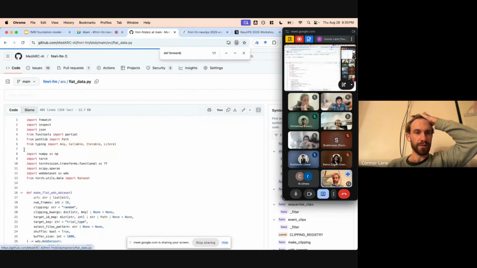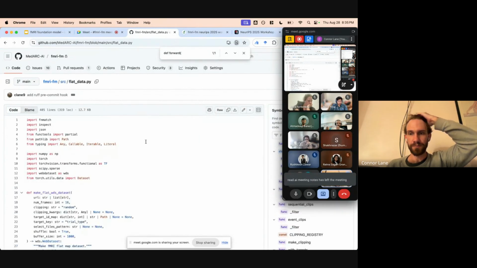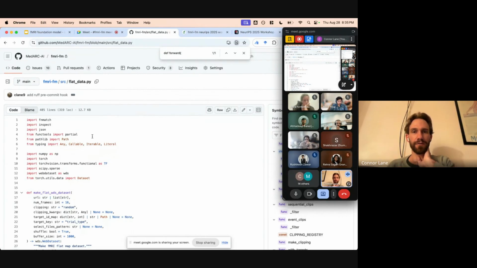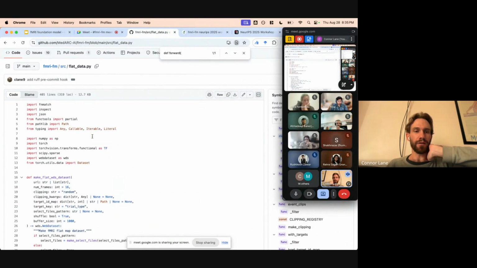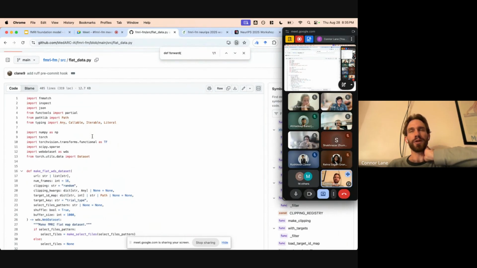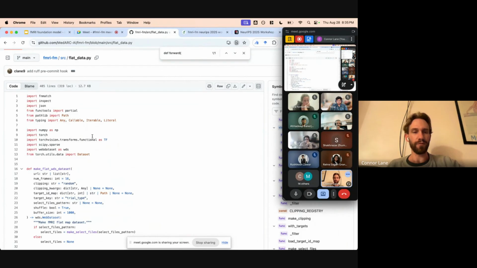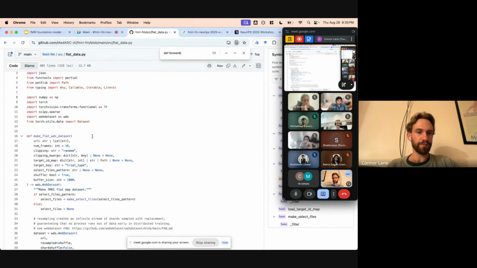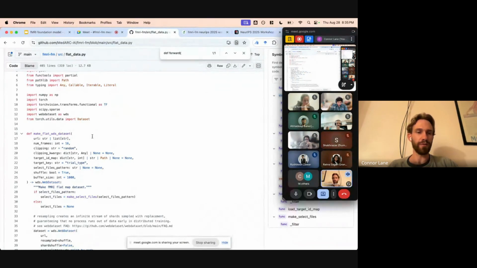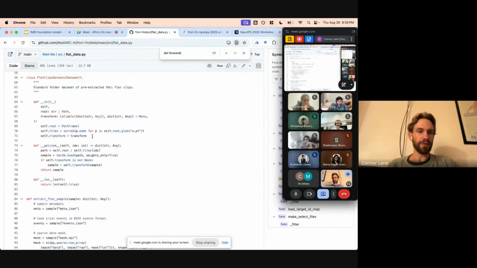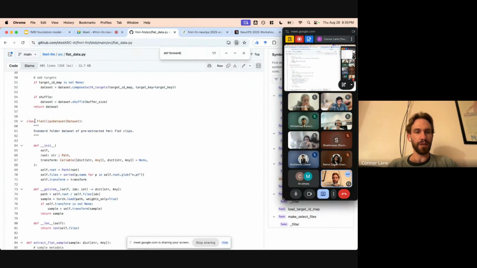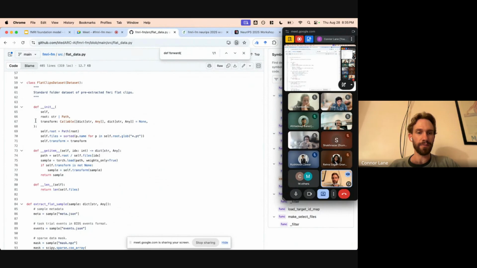I would say the part of the codebase that has the most unique stuff, the most changes, is this flat data module. This is where all the flat map specific stuff is defined. For example, the utilities for creating the flat map dataset; we're currently using web dataset format for storing the flat maps, and there are utilities for creating that. There are utilities for creating this clip dataset, which is just a standard get item style torch dataset.